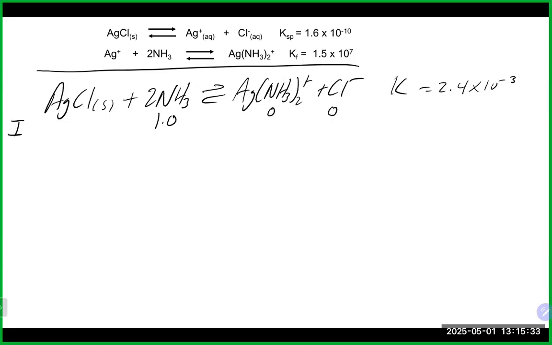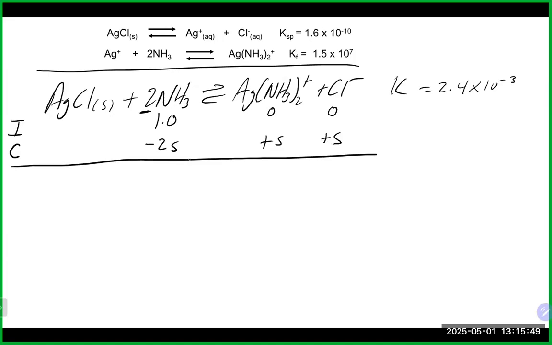So we're going to do some zeros. The change here, although normally in a KSP we don't have anything on the left-hand side, in this case we do. This would be minus 2s, again, for the coefficient. This would be plus s and plus s. This means at equilibrium, we will end up with 1 minus 2s, s, and s. Any questions on the ice table here?